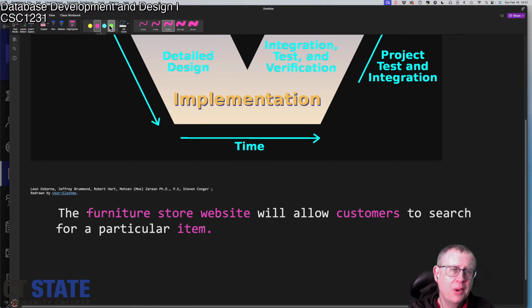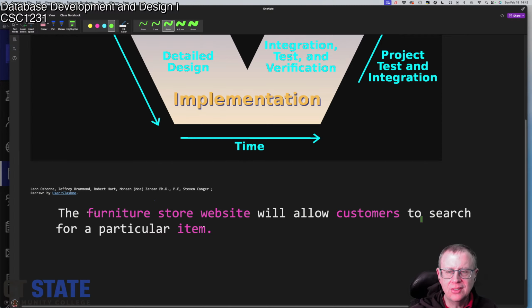The other part of a requirement is, what does it do? What are the functions?